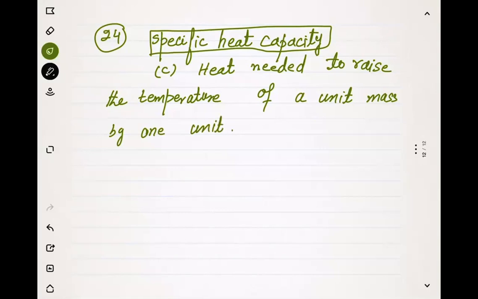You also know from your O level that temperature in Kelvin is equal to temperature in degrees Celsius plus 273.15. However, the change of temperature in Kelvin is the same as the change of temperature in degrees Celsius.